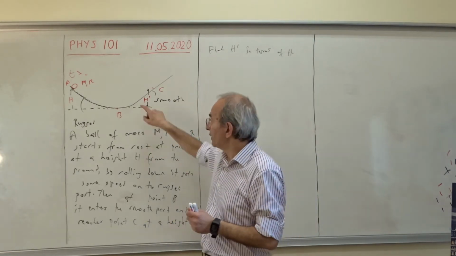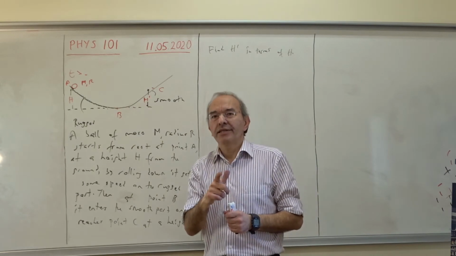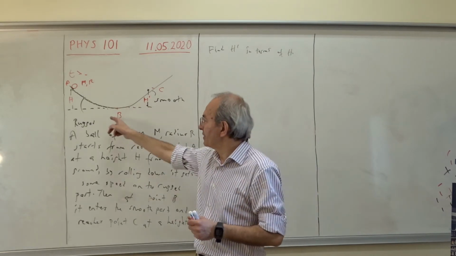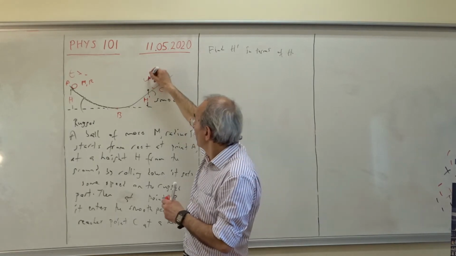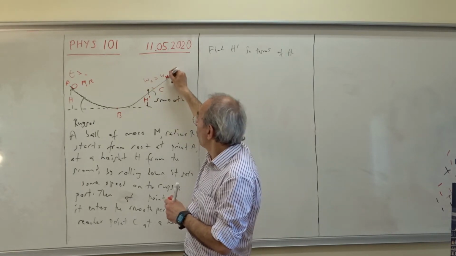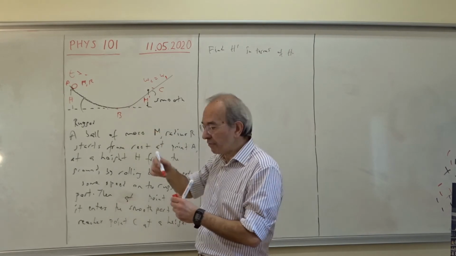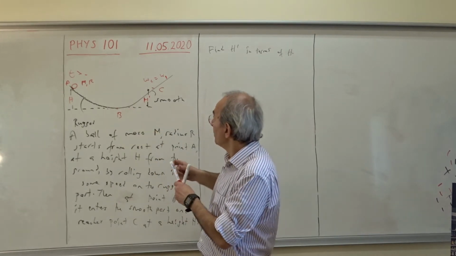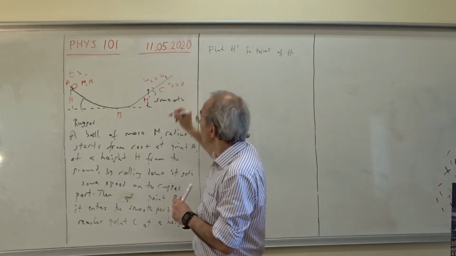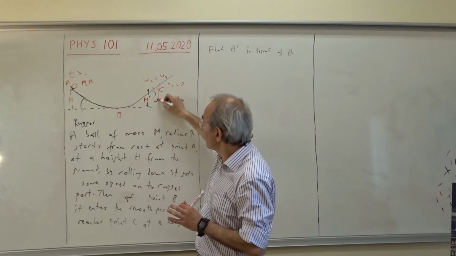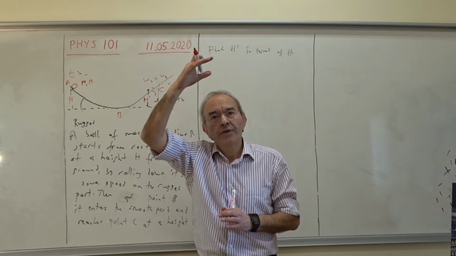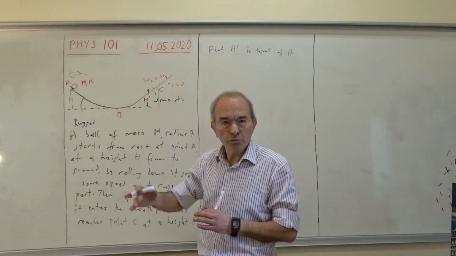But on the other hand, its angular speed remains the same as at point B. So for example, omega C will be omega B. However, V_C will be 0. V_C is 0 because this is the highest position it can climb on the smooth part.